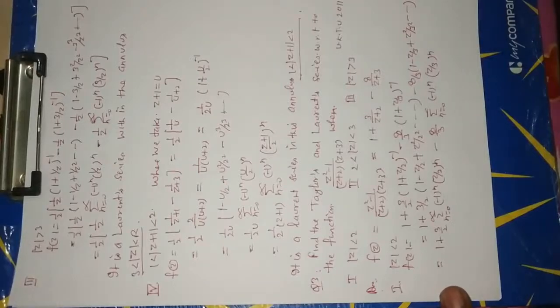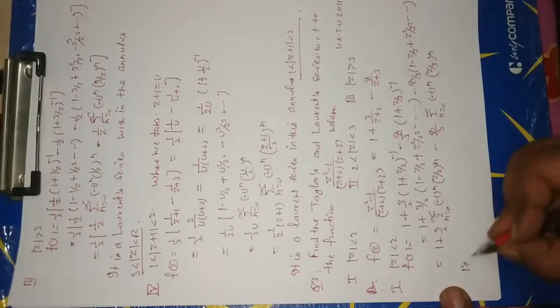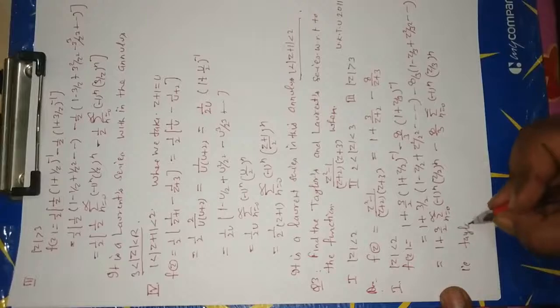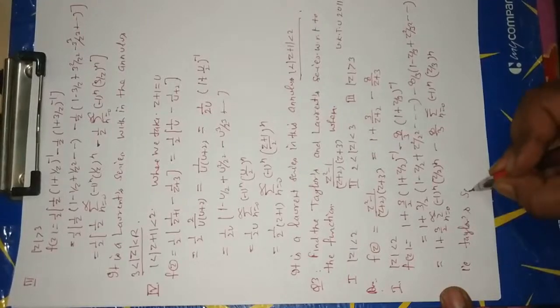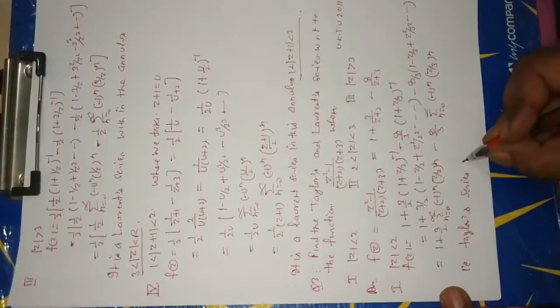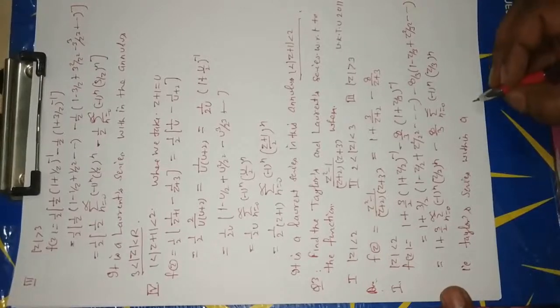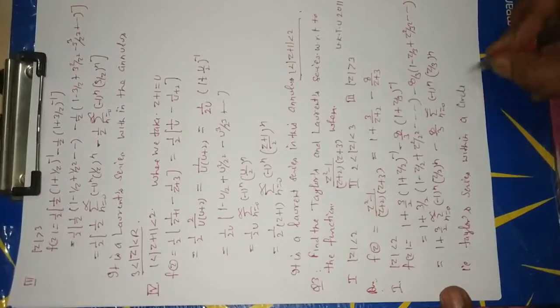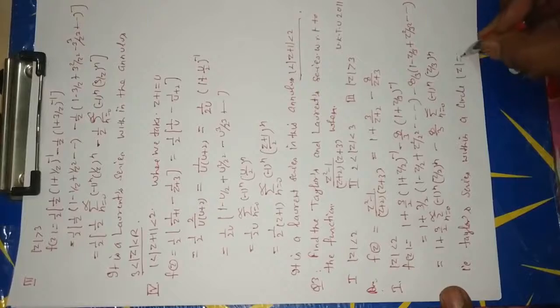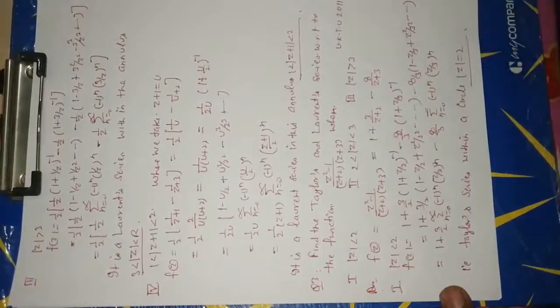In this case, the Taylor series within a circle z modulus is equal to 2. Okay.